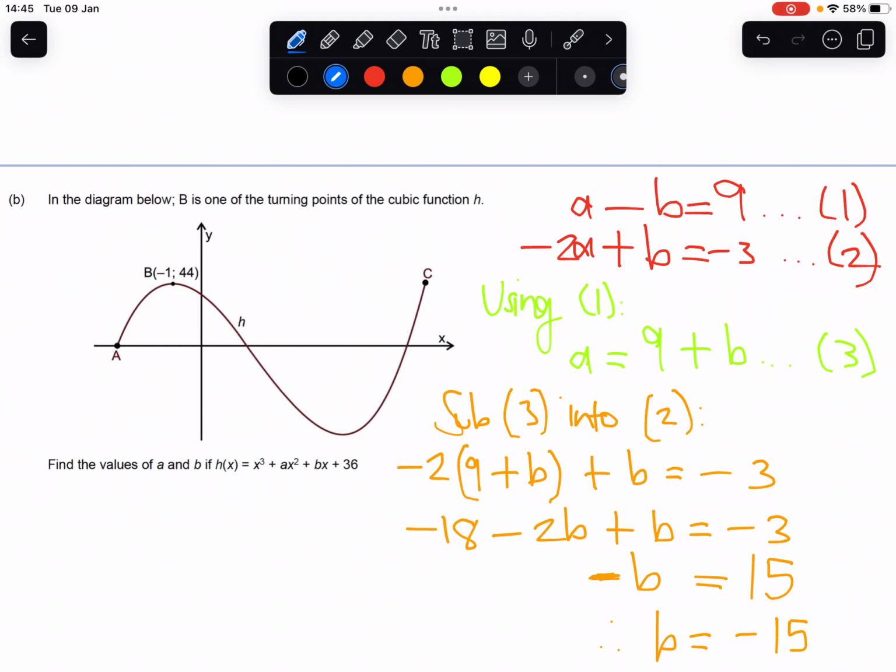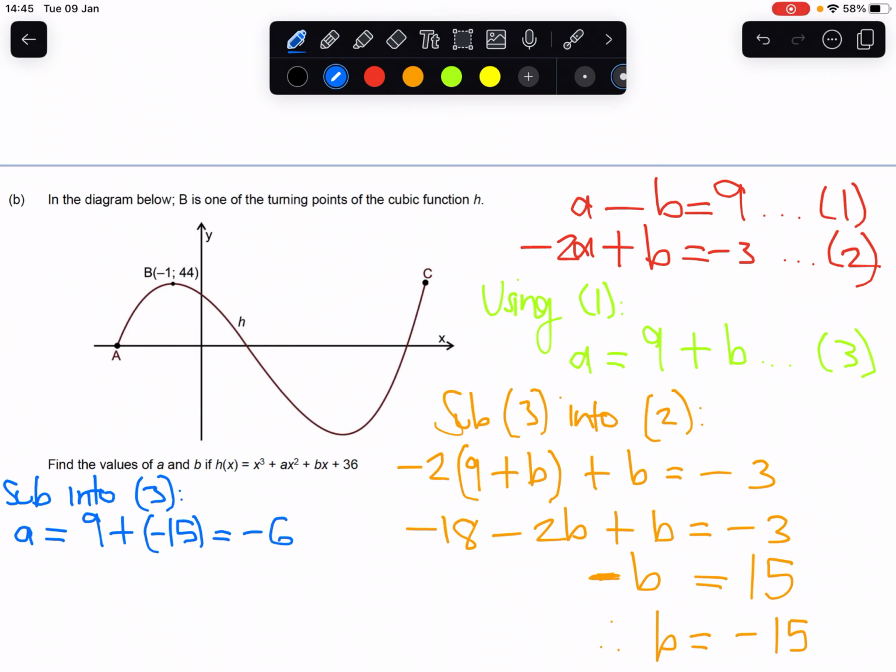Let's then work out what a is. Sub that into equation number 3 or equation number 1 or number 2, whatever. A is equal to 9 plus negative 15, which is negative 6, right?